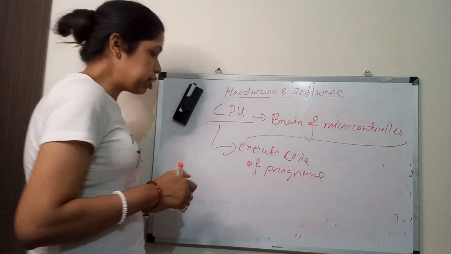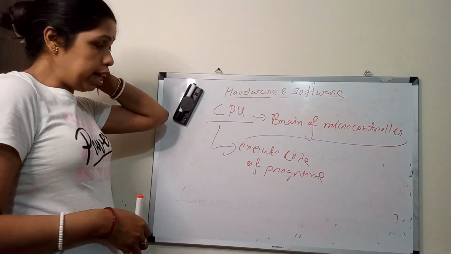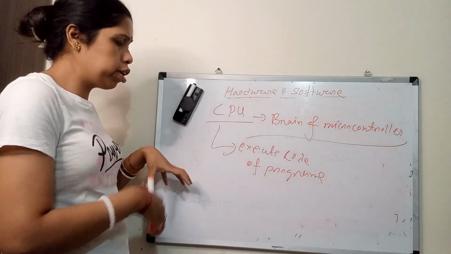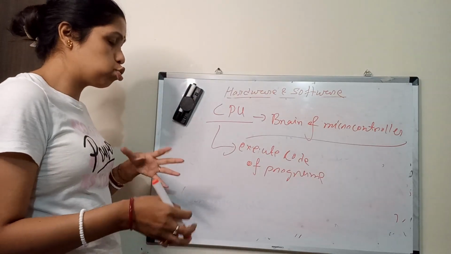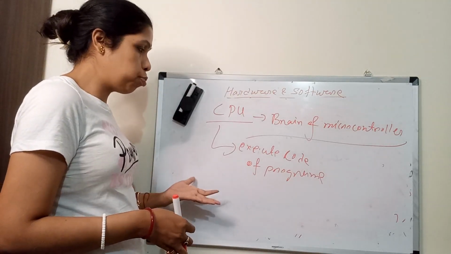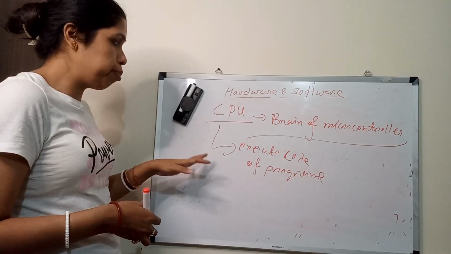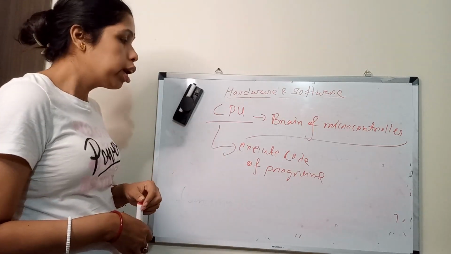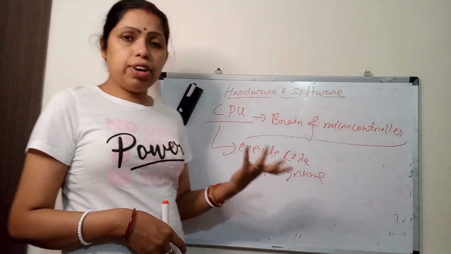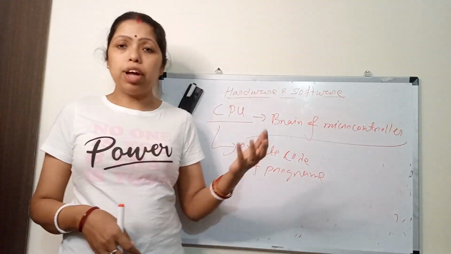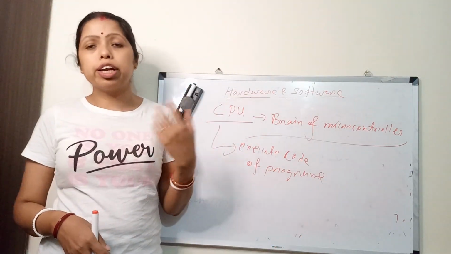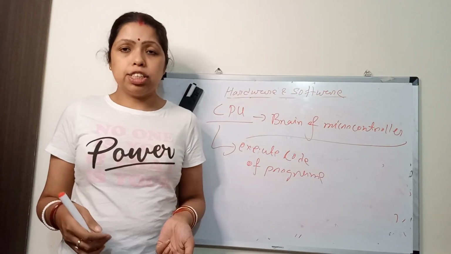It can fetch instructions. In the central processing unit you have lots of registers. You can store data and you can execute the program. Arithmetic operations can be performed in the central processing unit, and it can also transfer data to the external peripheral and receive data from the external peripheral.